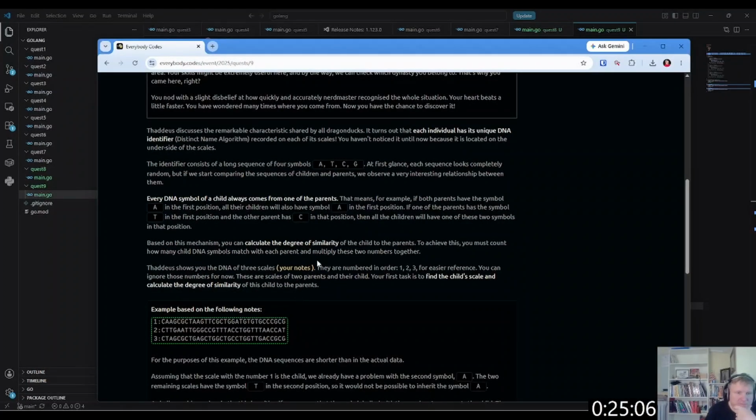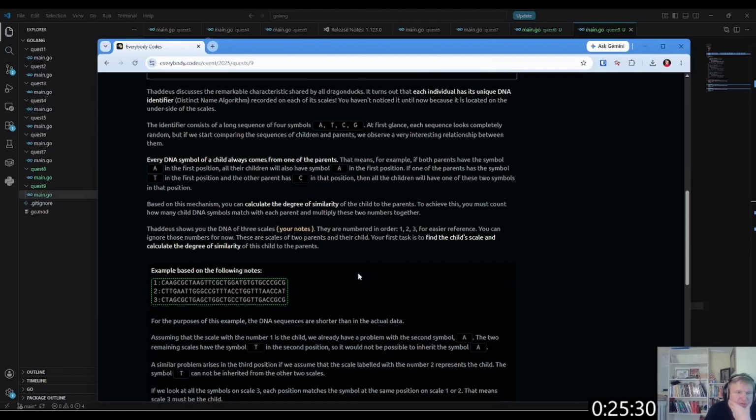Okay. Child. 1, 2, and 3. Ignore those numbers. Scales of two parents and their child. Find the child's scale and calculate the degree of similarity.